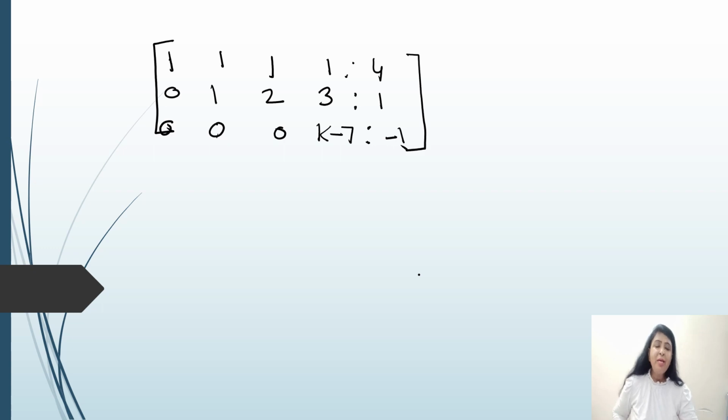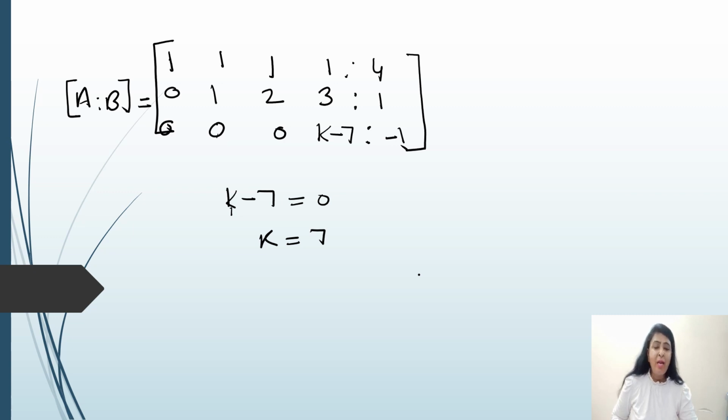Clear? Now you can see that this is our matrix A and the whole matrix is the augmented matrix AB. Now the rank of matrix A will be 2 if k minus 7 is equal to 0. So k is equal to 7. So if k is equal to 7, then the rank of A will be 2 and the rank of the augmented matrix will be 3.